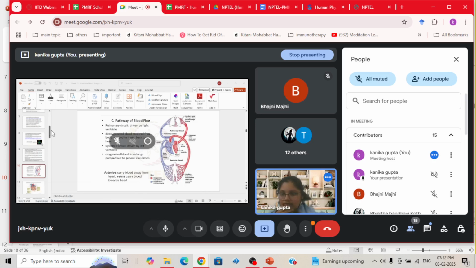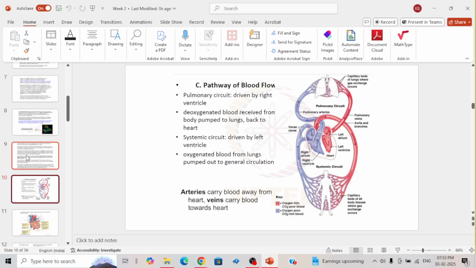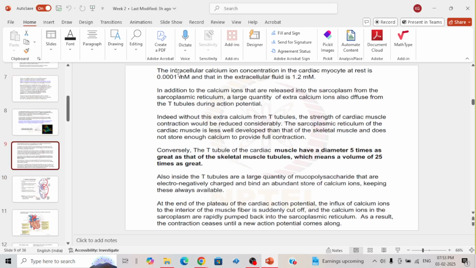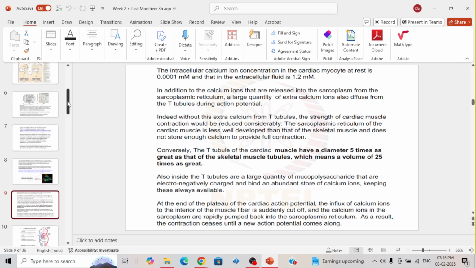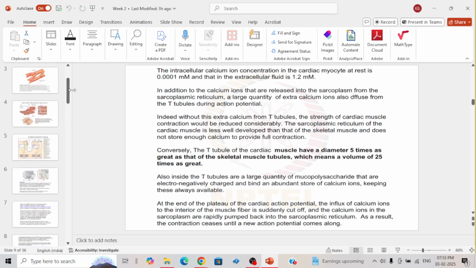The things I want you to keep in mind are the points that I told you in this slide. These are some of the important points that you must remember. Also, for your knowledge, you should write on paper the difference between the skeletal and the cardiac muscle, apart from the structural differences.